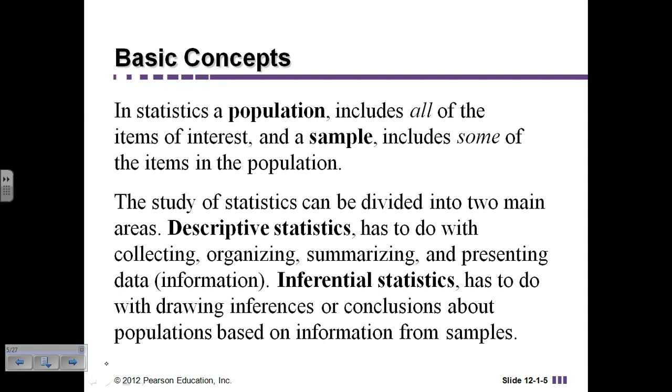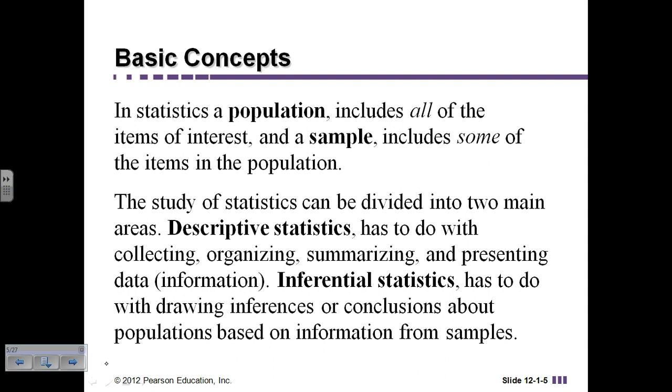If we're talking about a population of data, what we're talking about is all of the possible data values involved in that situation. So an example would be if I wanted to talk about population, I could talk about all of the high school students in Virginia. Or I could talk about a sample of data and I could go out and just interview a random group of high school students in Virginia.